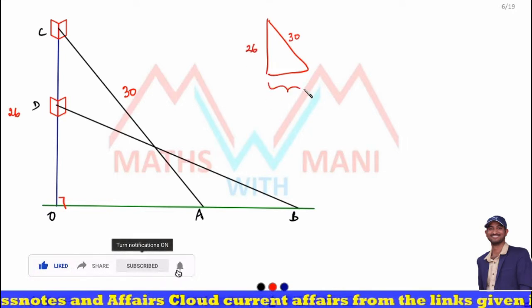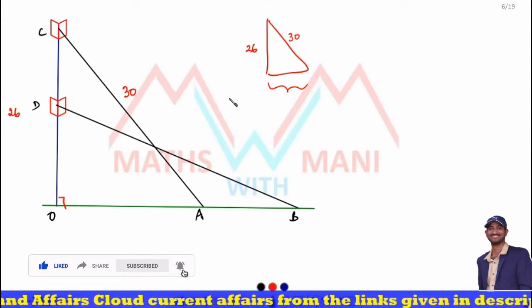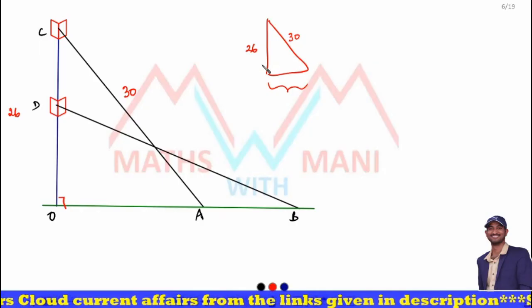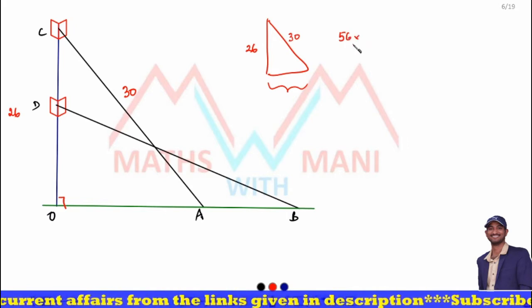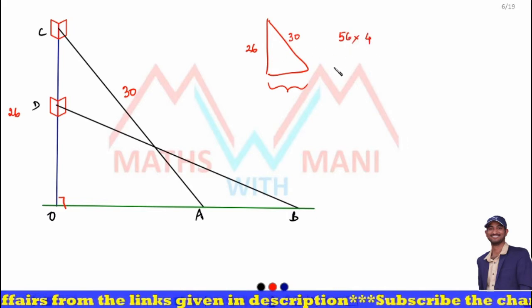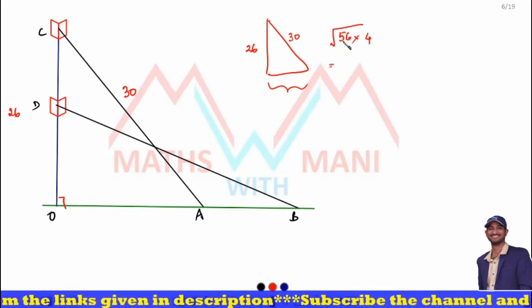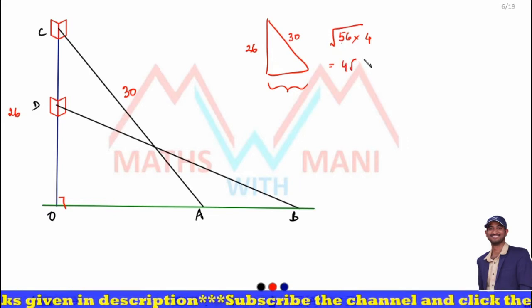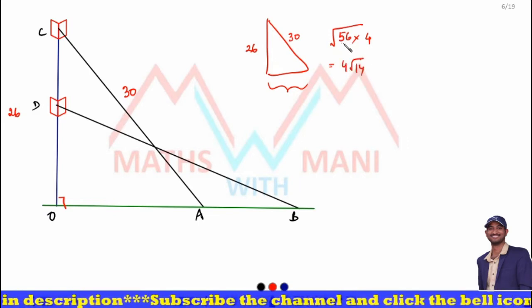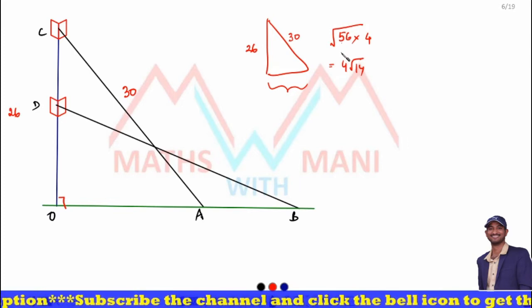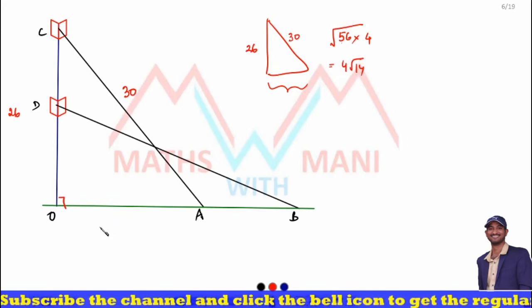So what is the other perpendicular side? Root of 30 squared minus 26 squared, that means 30 plus 26 is 56, into 30 minus 26 is 4, under root. So here 4 root 14, yes or no? We take another 4 outside, so 4 root 14.